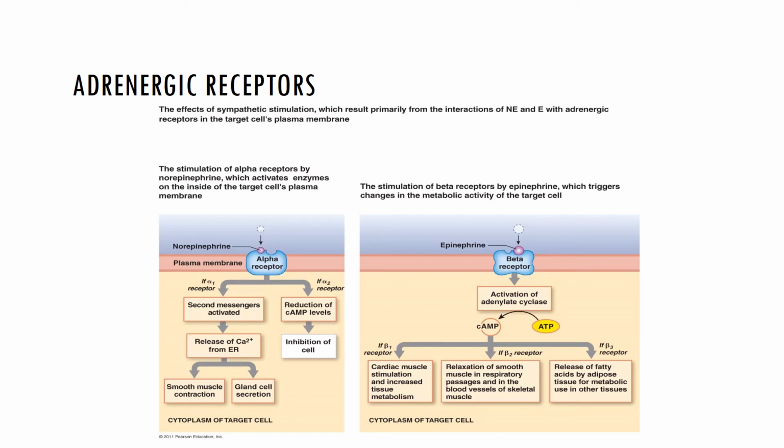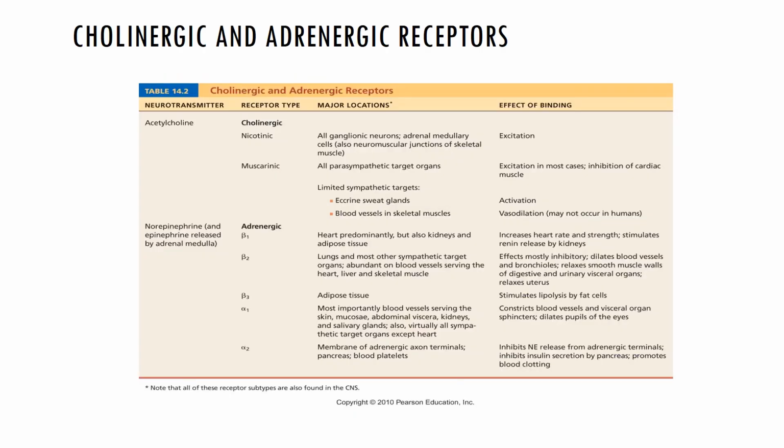Alpha and beta work through different types of second messenger systems like cyclic AMP and adenylate cyclase, and some of the effects of the subtypes are shown for each. And this gives you a summary of the cholinergic and adrenergic receptors that we discussed, including the type, location, and effect on binding.